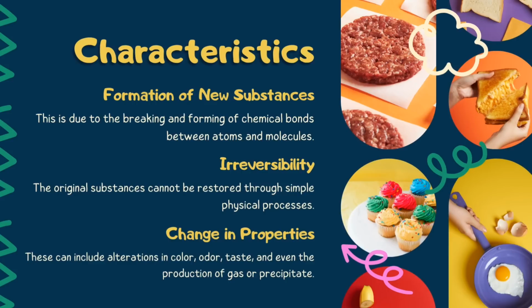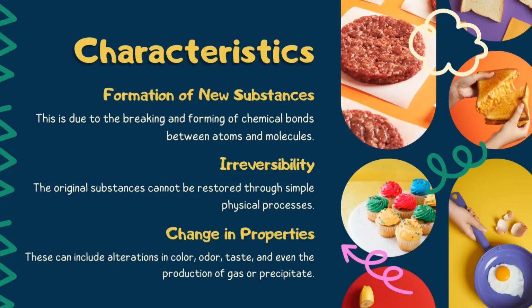Here are some of the characteristics of chemical change. Formation of new substances. This is due to the breaking and forming of chemical bonds between atoms and molecules. Irreversibility. The original substances cannot be restored through simple physical processes. So, it cannot easily be returned to its original state by simple physical processes.